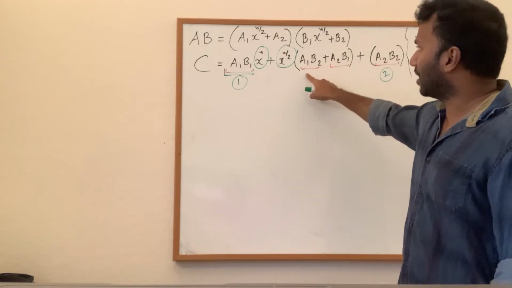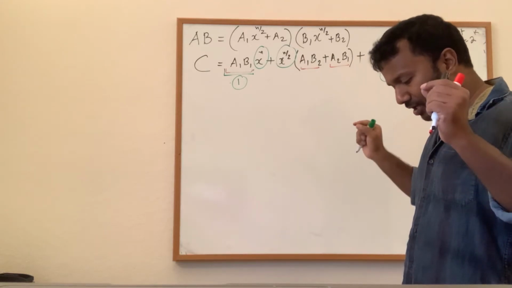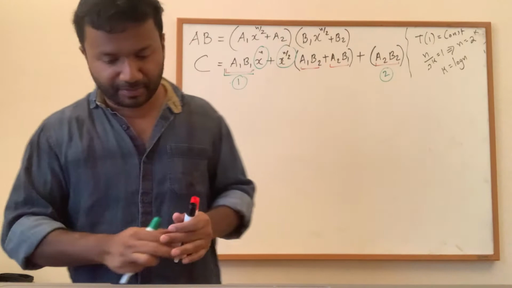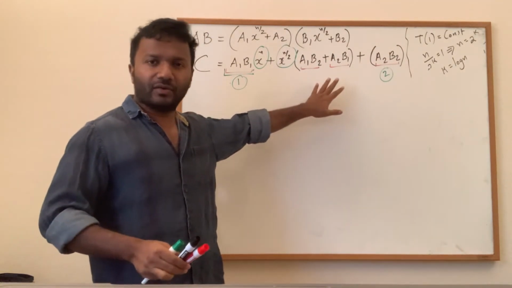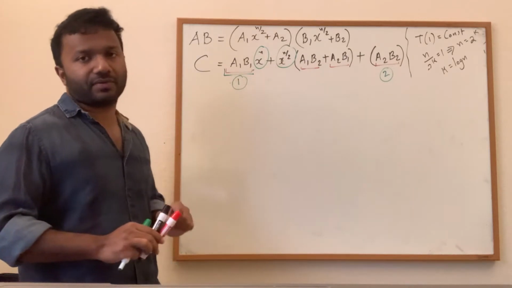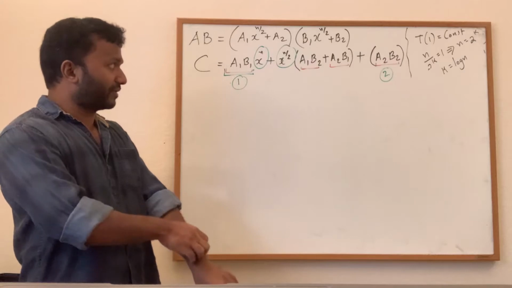Now I need to compute a1 b2 and a2 b1, and I don't want to do this in 2 multiplications. Is there a way I can somehow get this quantity with just one additional multiplication? That is the question, and the answer is yes, because of the following equation.